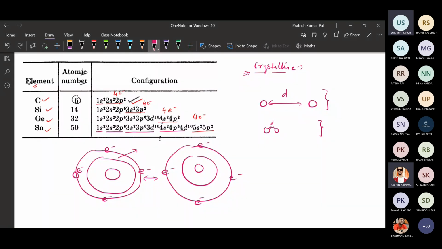Basically we are going to analyze these 4 electrons, the outer electrons of the two atoms that are being brought closer to each other.